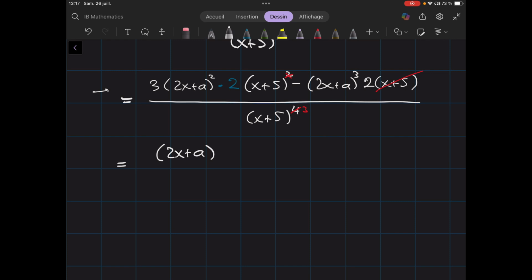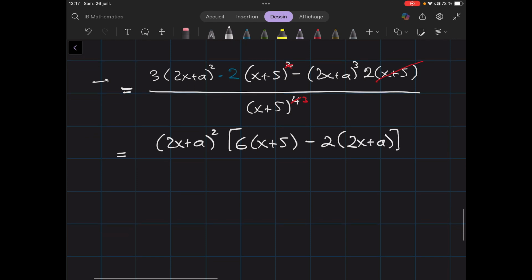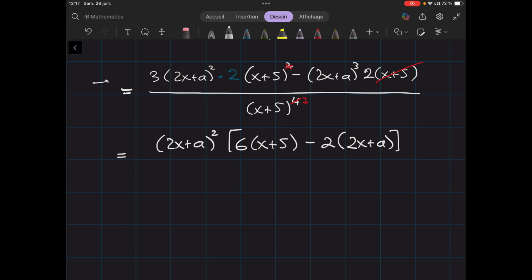So I'm going to factor out the (2x plus a) squared. What's left is 6 times (x plus 5). From the second term, we have 2 times (2x plus a), divided by (x plus 5) cubed.